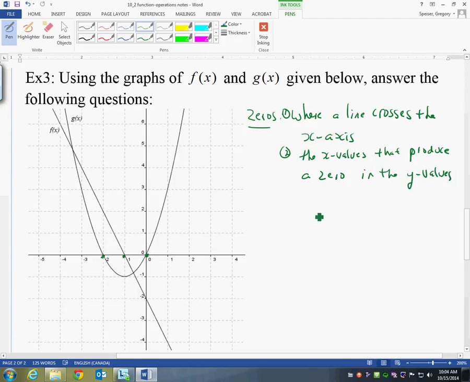So if I have a function, f of some number is equal to 0. What number would you have to put in here when you plug it into the function that comes out as a 0? Okay, so f is the straight line, and g is the parabola in this case.